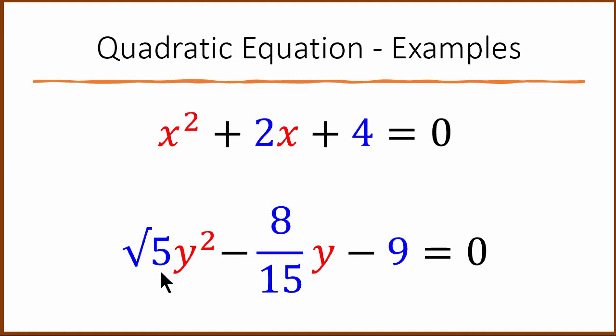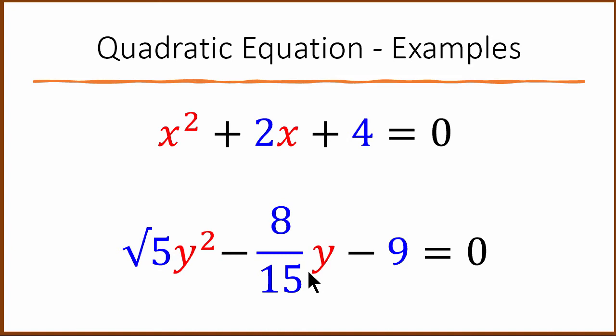In this case, the coefficient is an irrational number like root 5. In this case, the coefficient is a fraction like 8 by 15. In this case, the coefficient is a negative number. So it can be negative, it can be irrational, it can be a fraction. As long as it's a real number, a, b, c can be anything. It doesn't matter. Okay, so this is another example of a quadratic equation.